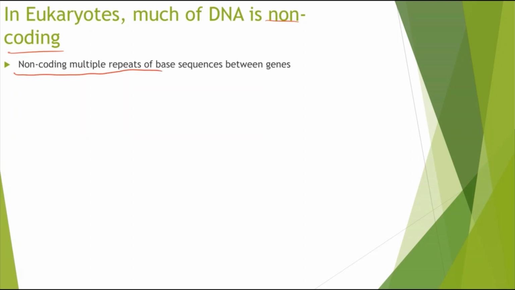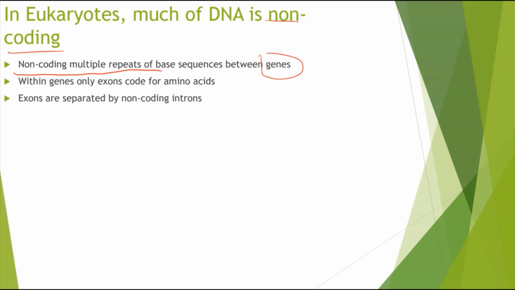These again are called minisatellites, and these are between genes and do not code for anything. Within genes we have the exons, which do code for something. These are the only things that do code for something. And the exons are separated by the non-coding introns.